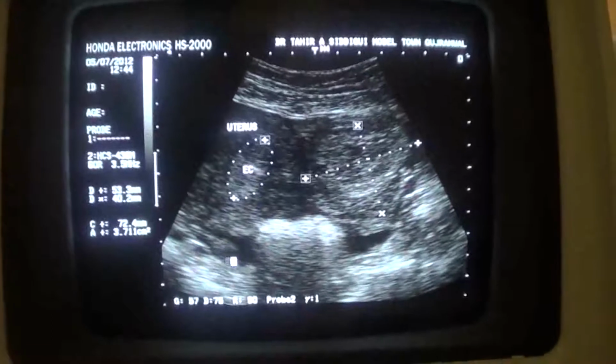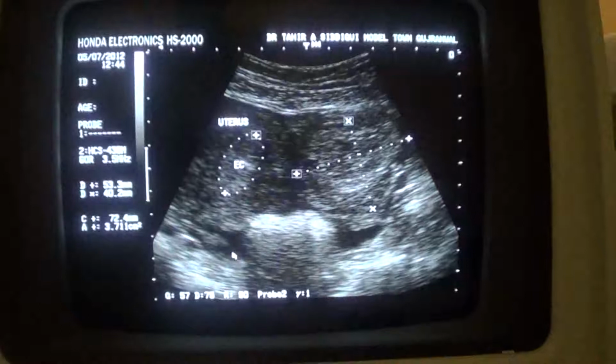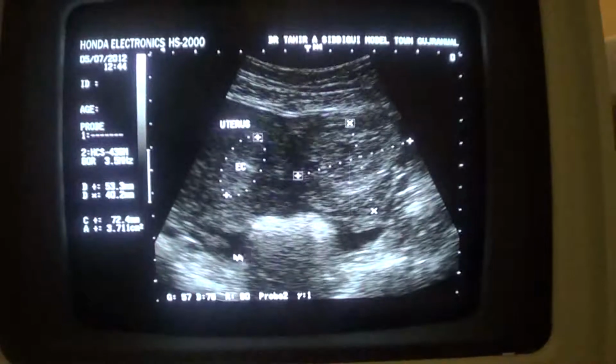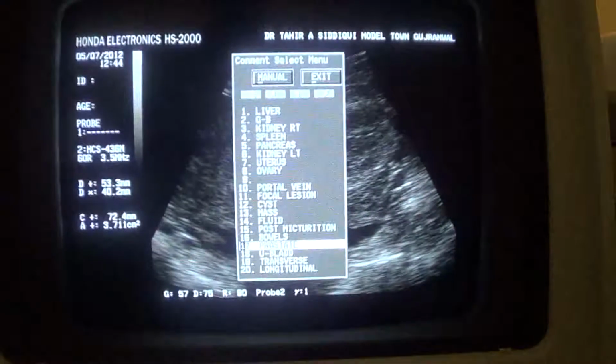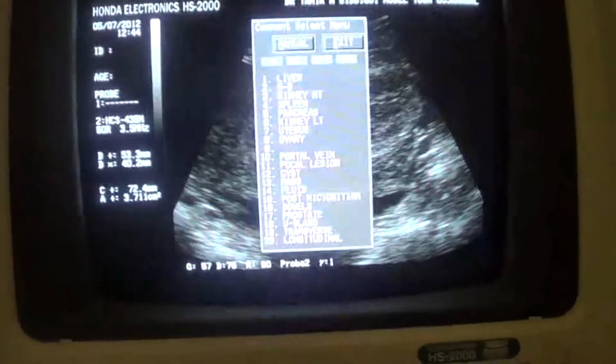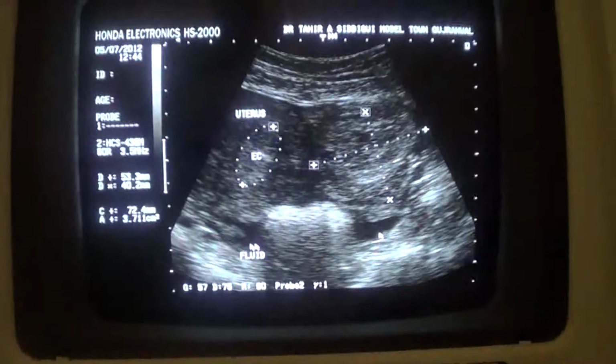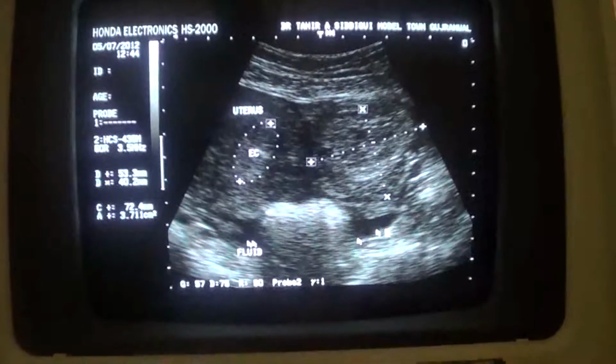This is the fluid in the pelvic cavity. This is the fluid in the pelvic cavity, this area marked by an arrow.